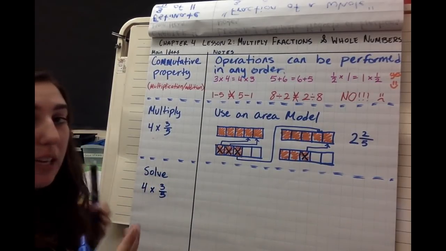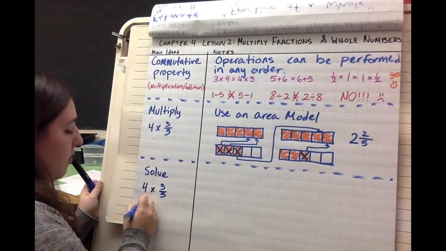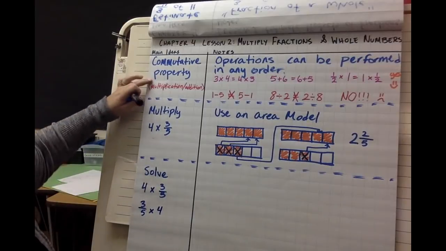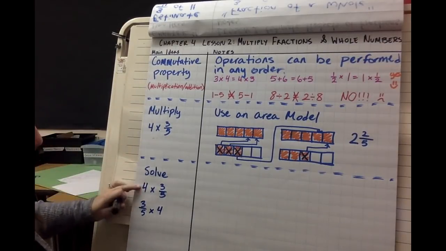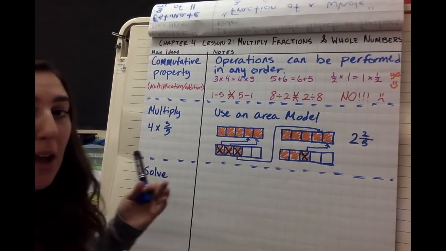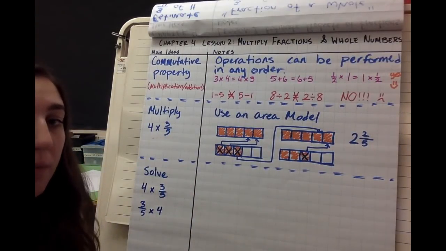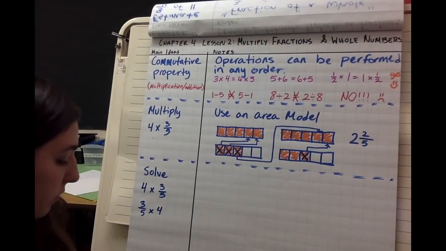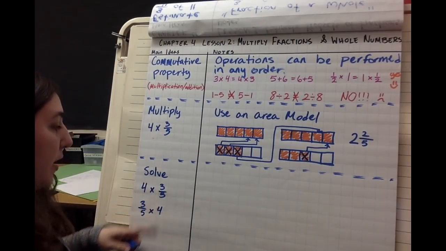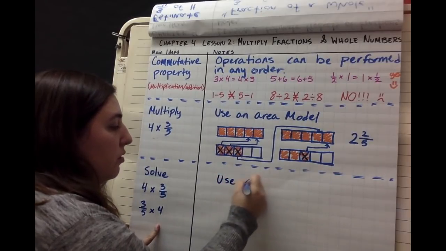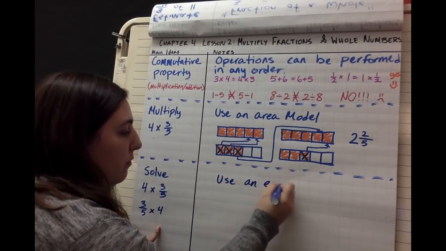And I could even say 3/5 times 4. Remember our commutative property tells me this is the same thing, so it doesn't matter however I say it. I can say it 3/5 times 4. All right, so to solve 4 times 3/5 or 3/5 times 4, we're going to use an equation.